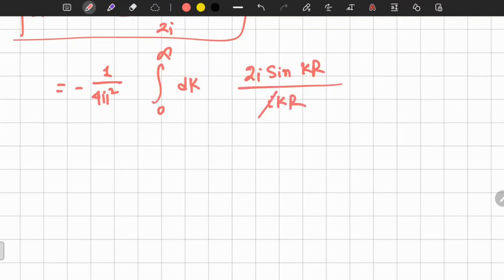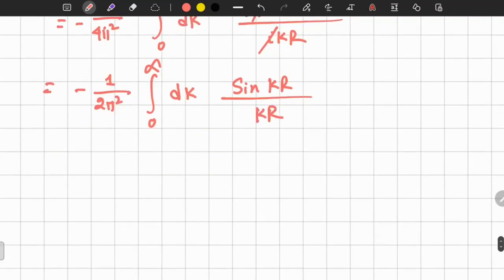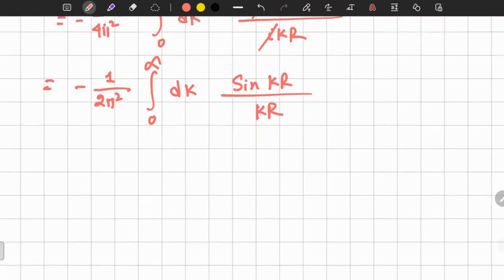So I will be cancelled, and it will be minus 1 by 2 pi square, 0 to infinity dk sine kr by kr. Okay, so this is the integral.